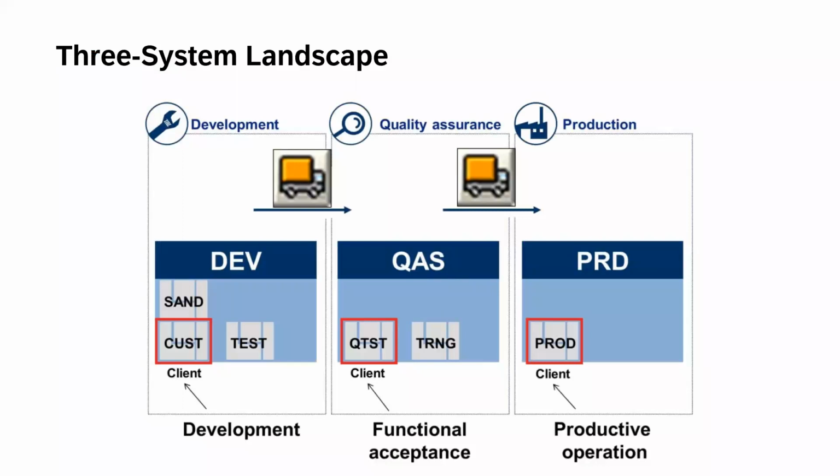Before explaining how TMS works, before going into the technical part, I will explain the requirement. Why do you require a three system landscape? What is the need for that? Because our technical understanding will come easily if you understand the basic requirement. If you understand that, then how it is done will be very simple.